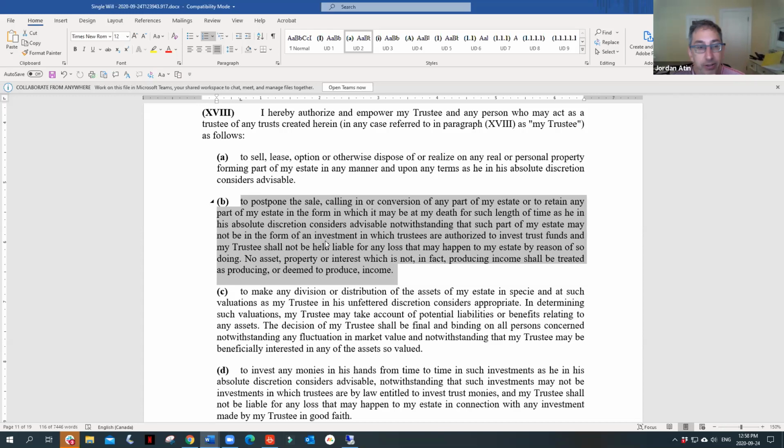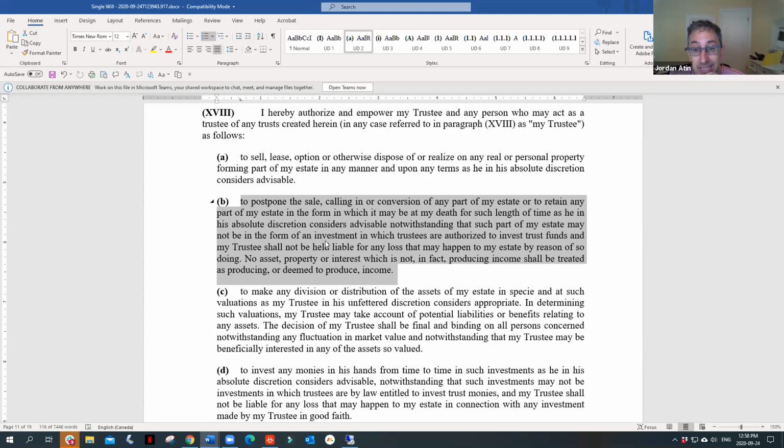But the idea here is, if it's not a good time to sell, and it's an asset the testator had that really wouldn't be prudent to hold on to, if it was for a trustee to invest in, for example, but they have to hold on to it because it's a terrible time to sell, well, we don't want them liable for that.